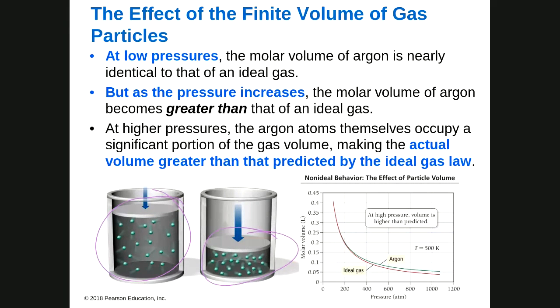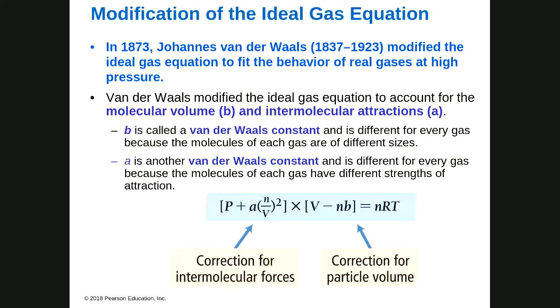And so once you start doing this, they deviate molar volume-wise from the ideal gas law. So the ideal gas law becomes not as perfect for doing that calculation, and we have to correct for things when that's the case.